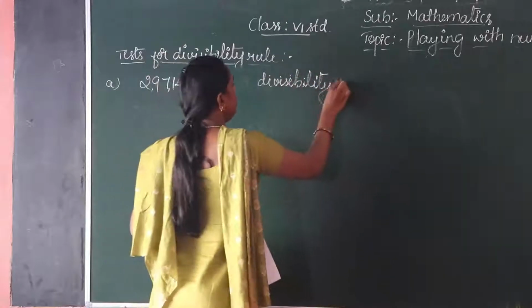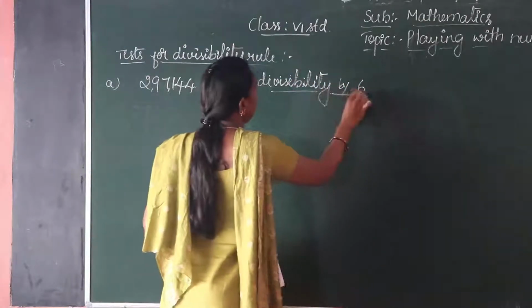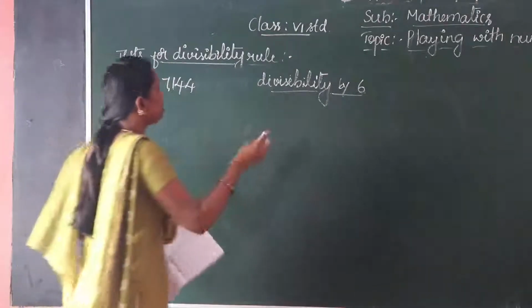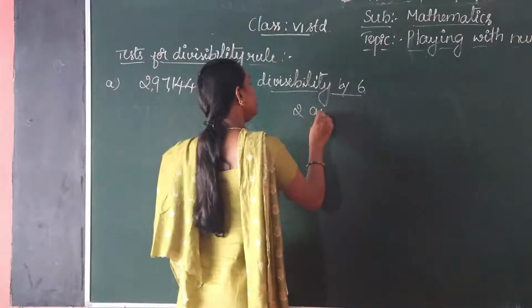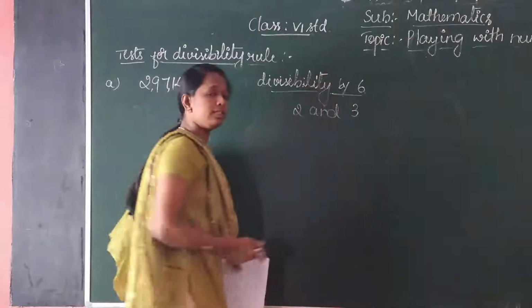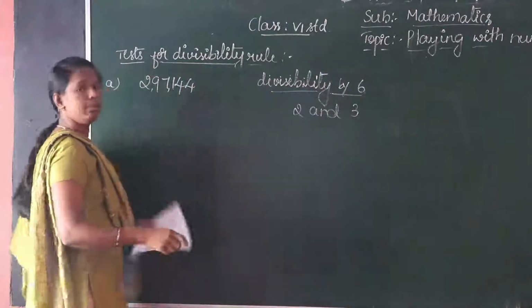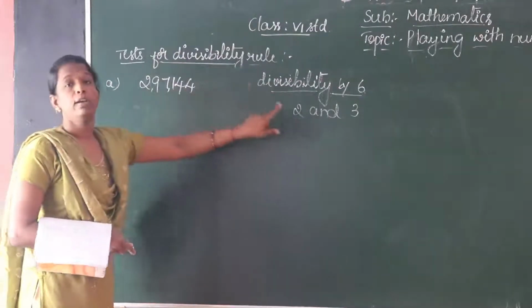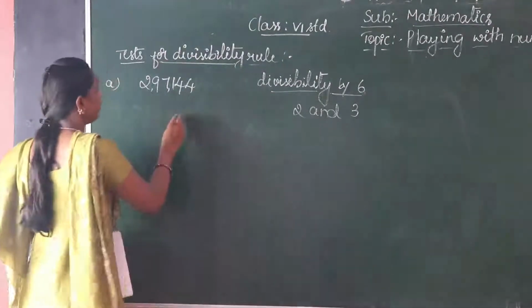So you know the rule. Rule 6 means it is divisible by both 2 and also 3. For that, first we divide this number 2,97,144 by 2.